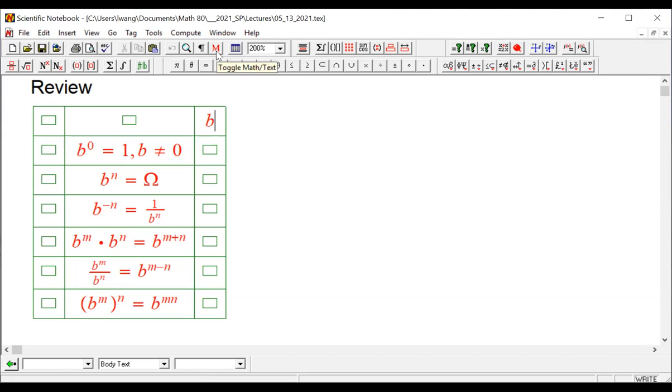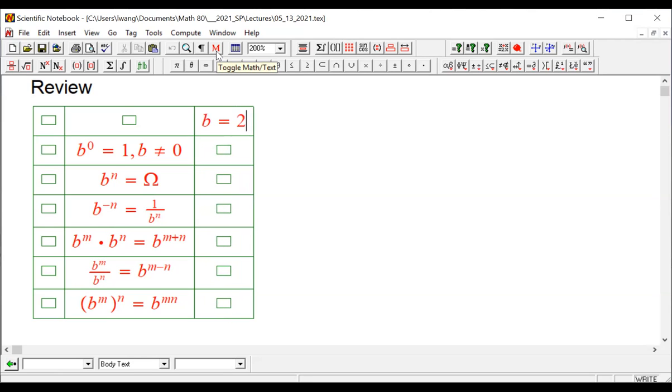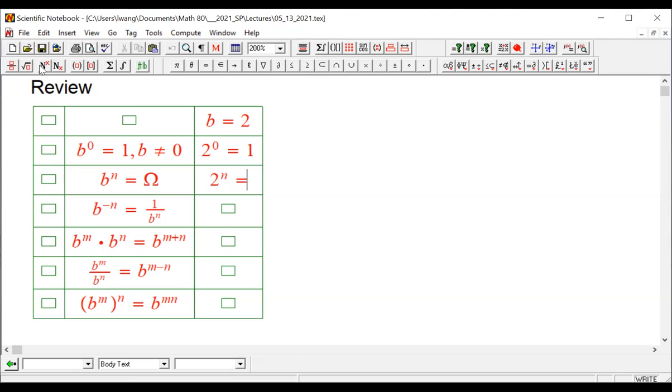Suppose b is equal to 2. What happens if b equals 2? Well, when the base equals 2, b is not 0, that's guaranteed, right? 2 is not 0. So 2 to the power of 0 equals 1, right? So 2 to the power of n is going to equal, I will call it omega.